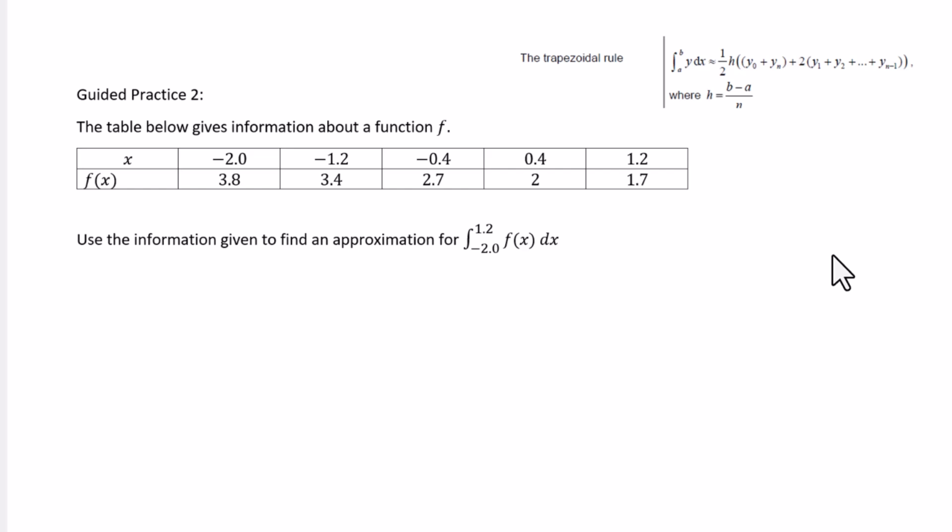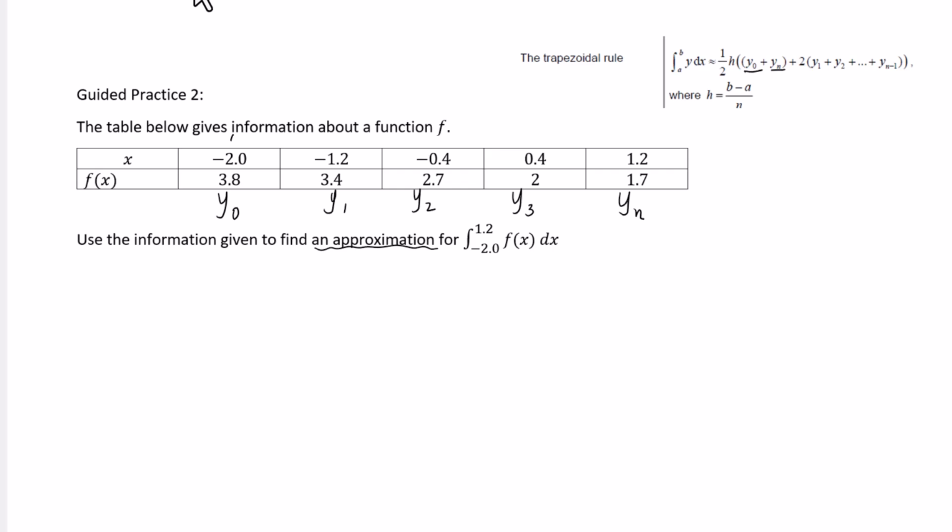Let's go to guided practice 2. The table below gives information about a function f. Use the information given to find an approximation for this integral. First step, always label from y0 to y sub n: y0, y1, y2, y3, y sub n.